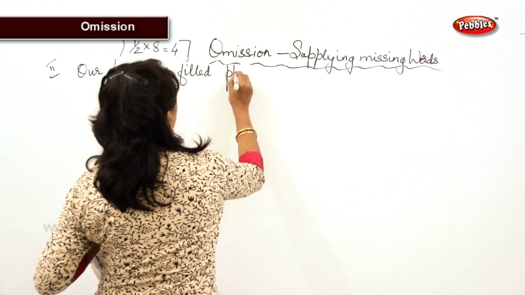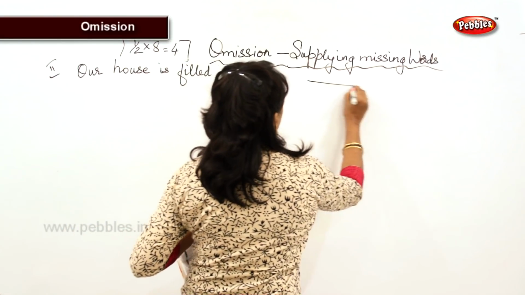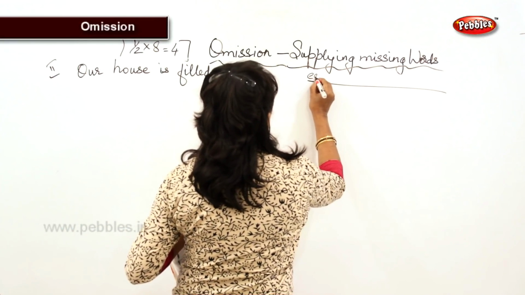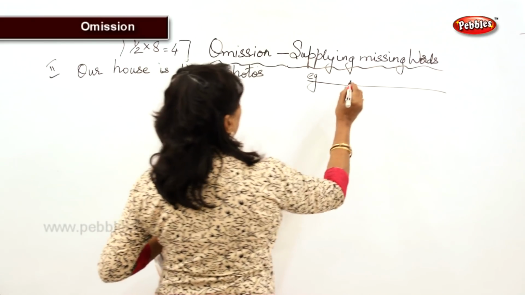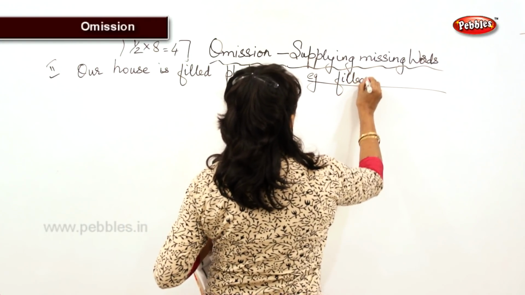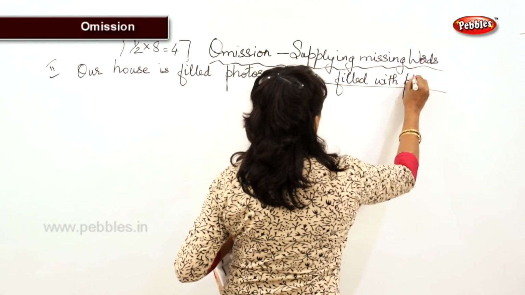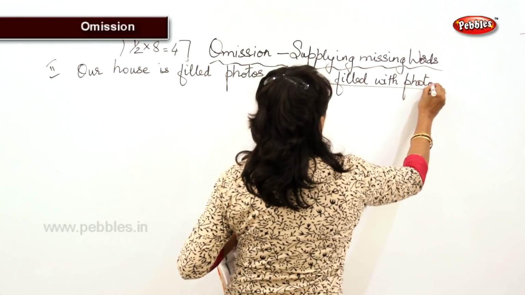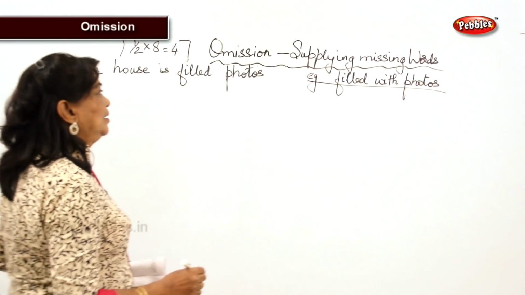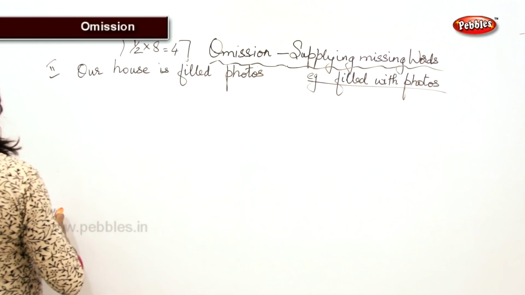Filled with photos. This will be the example one. So what is the word? Filled with photos. Okay. So the first one alone will be done. The rest you have to do.